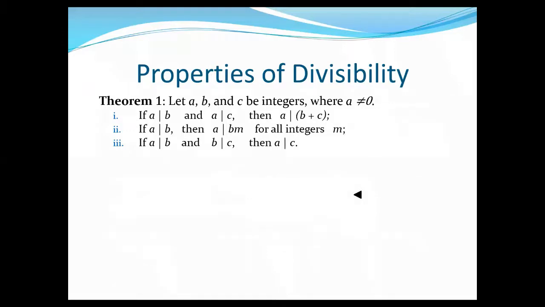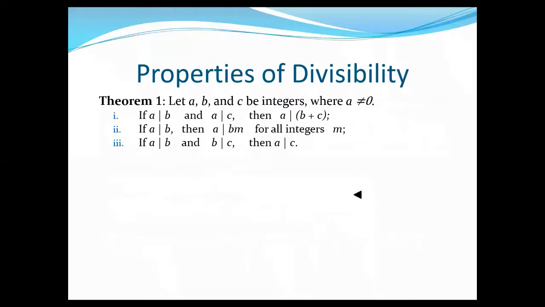Part 1: if a divides b and a divides c, then a divides b plus c. So if we have two numbers that are each divisible by a, when we add these two numbers, a can still divide the sum. That's the meaning of part 1.